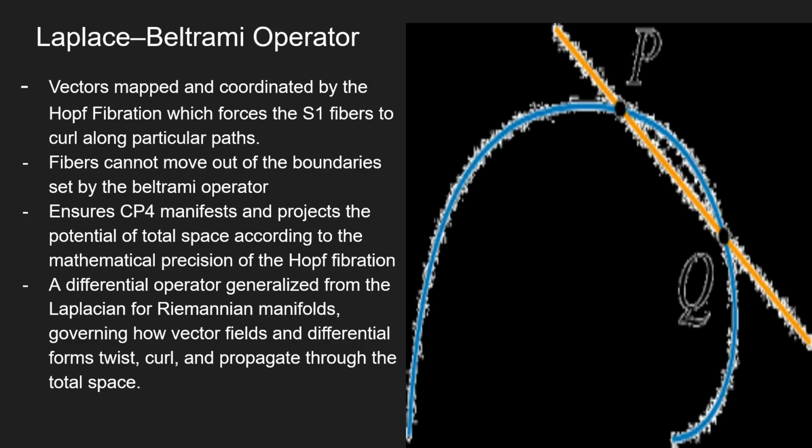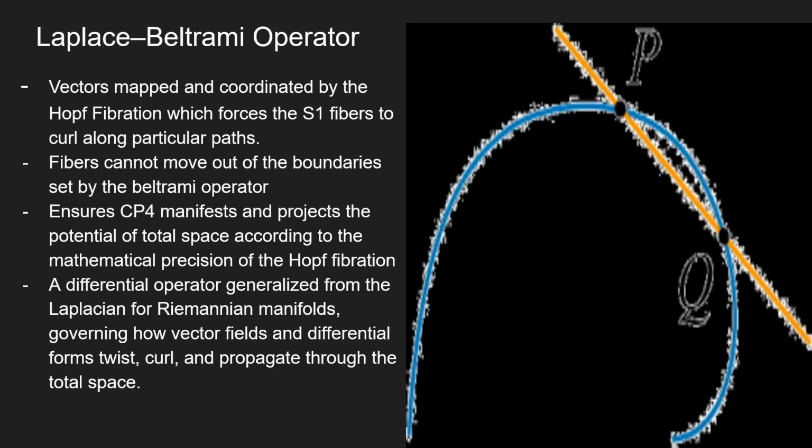unless the S1 fiber moves through that specific coordinate in a way that it's supposed to, which is typically done through time, which is, in CP4, time is a spatial dimension. It's like a block universe.